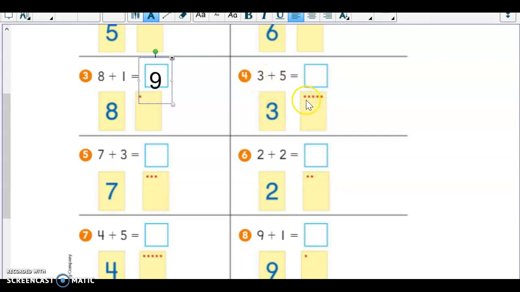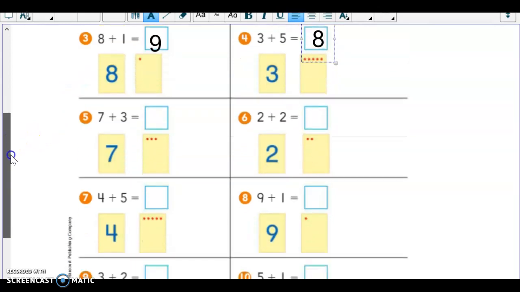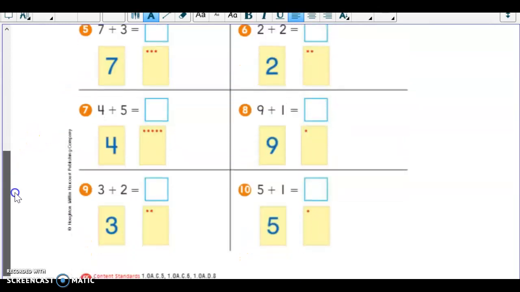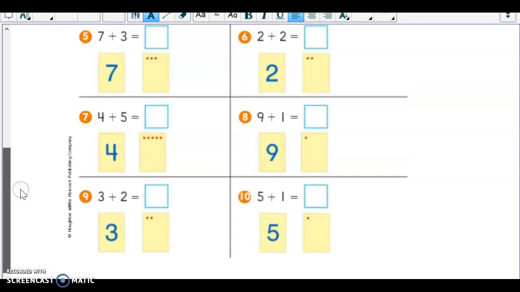So we have 3, and we're going to count on 5 more. 3, 4, 5, 6, 7, 8. I would like for you to do number 5, 6, 7, 8, 9, and 10 on your own. It's the same strategy, friends. Start at the number that it shows and count up with the dots. Once you finish that, you can play the video again and then join me on the next page.